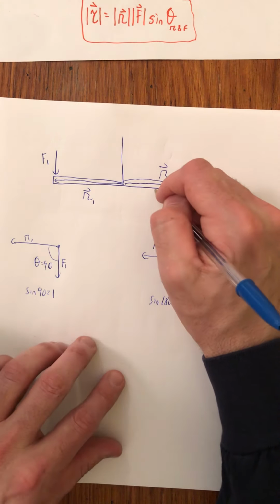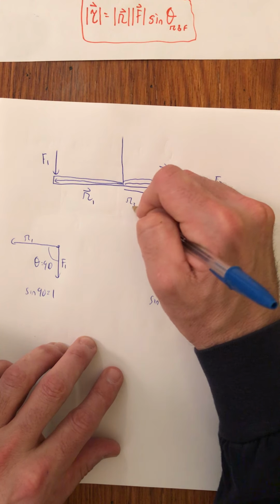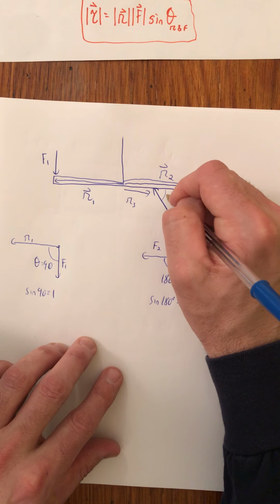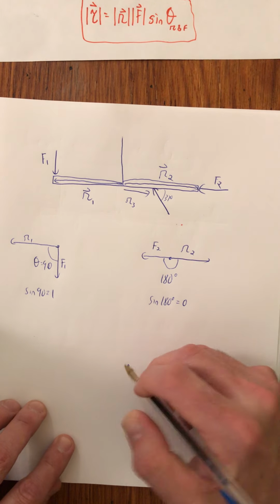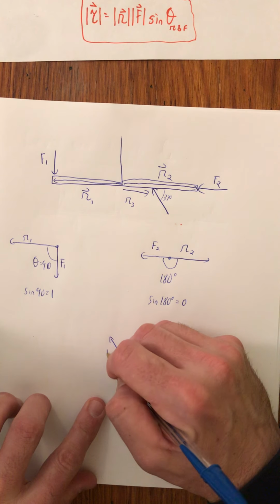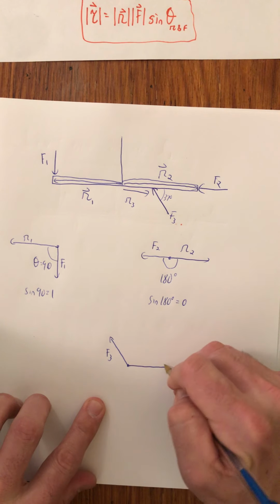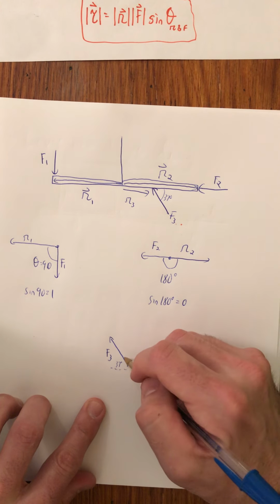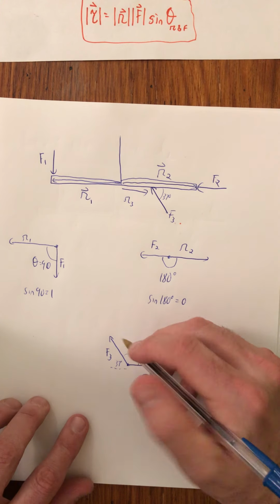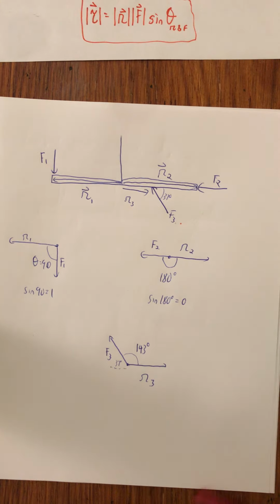Now, if I had this vector here, and that would be my R3, and let's say that this is a 37-degree vector. Looking at that when drawn concurrently, there's my force 3, I'll call that F3, and here is my R3. We know that that's a 37-degree angle. Technically, that's going to be 143 degrees. We put that in.